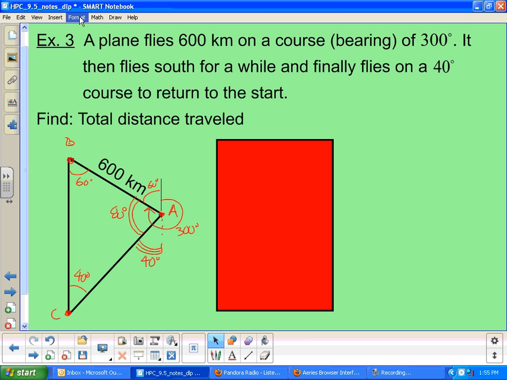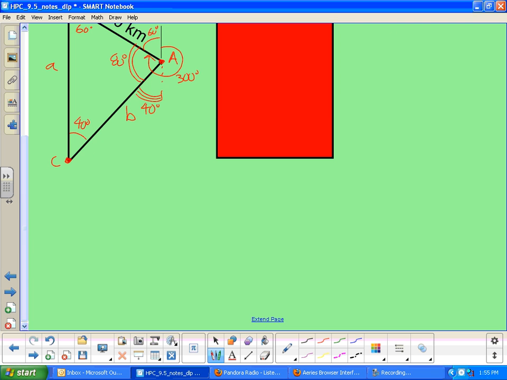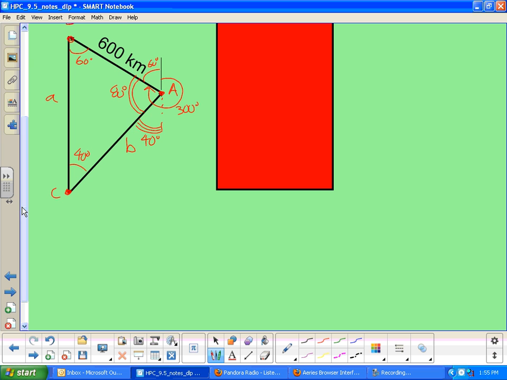So finding the parts. Let's go ahead and look at the parts. So we'll call that little side A, and this is little side B. We set up, I've got three angles with a side. I could use a lot of sines here if I wanted to. So if I wanted to find little a, I'd set up law of sines. Somebody have this number for me?